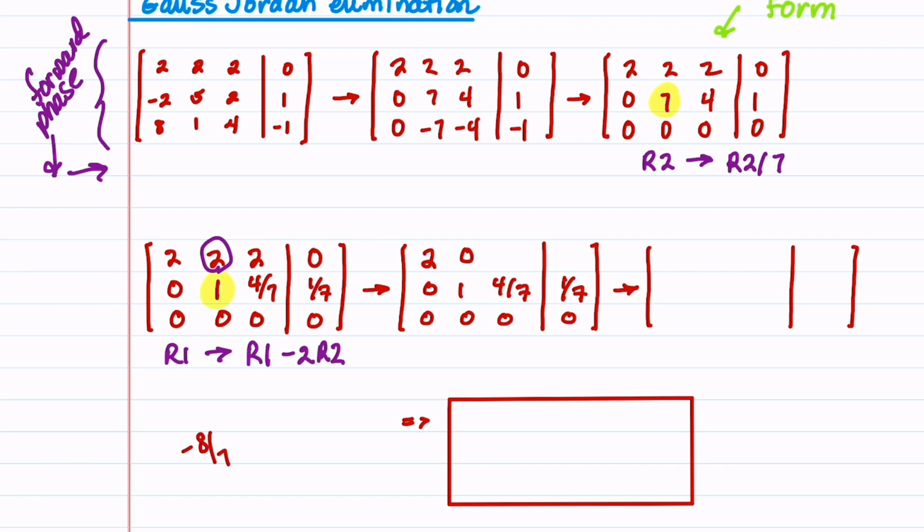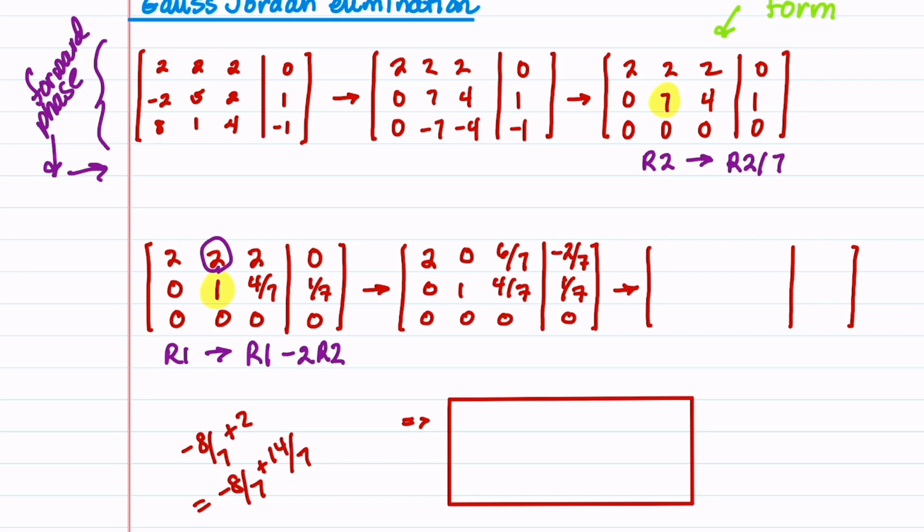Minus 8 over 7 plus 14 over 7 gives us a 6 over 7. Never be afraid to write down your arithmetic in the margins. It really helps not having to keep everything in your head. Then for our last one, we have minus 2 times 1/7 plus 0 gives us a minus 2/7.